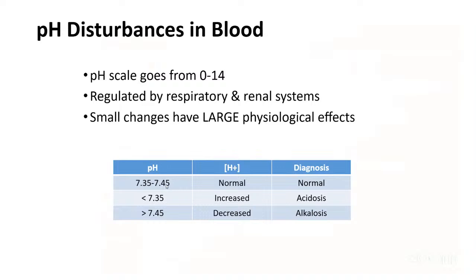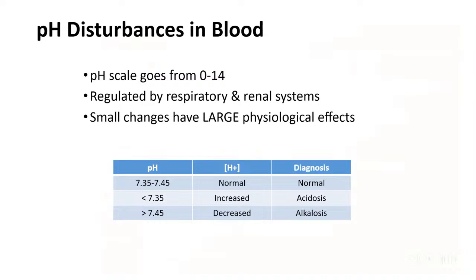Now, if we drop below this, the low end of the pH scale is where our acids are, right? So anything below 7.35, we're going to refer to as acidosis, so too much acid, right? Which if you were just thinking about hydrogen ions, not the carbon dioxide, yes, that would be too many hydrogen ions, okay, if we were using our typical kind of chemistry way of thinking about pH.